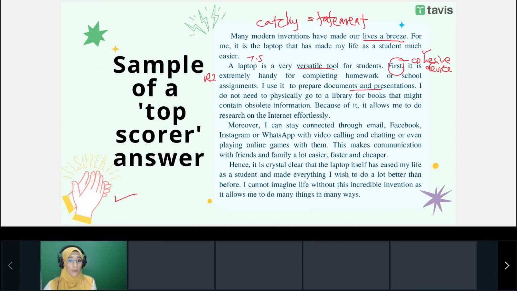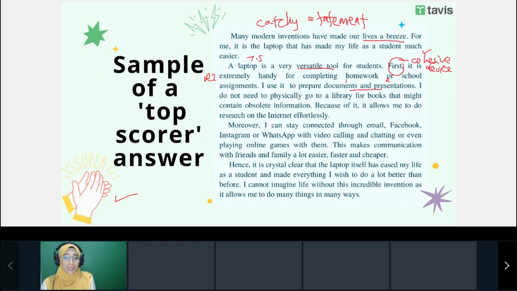Examples: documents and presentations. Good. I do not need to physically go to a library for books that might contain obsolete information. Because of it, it allows me to do research on the internet effortlessly.